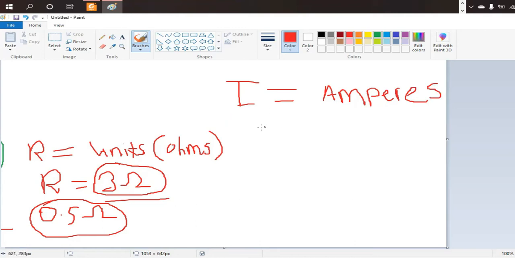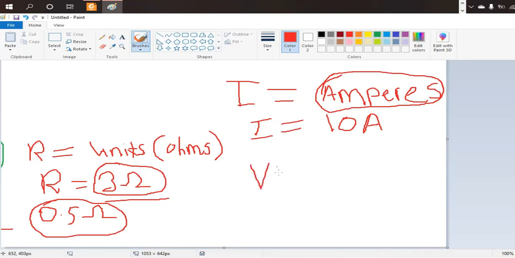We normally use the letter A, for example 10 amps.